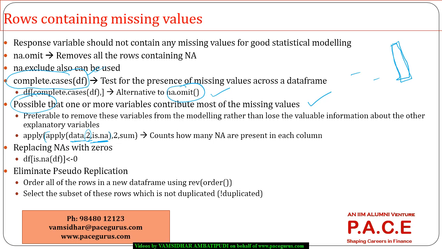The first apply, within the data, looks at each column and computes whether it is NA or not. So your values will become true, false, true, false. Now out of that data, again look at the column and count the number of trues, which will tell you how many NAs there are overall.